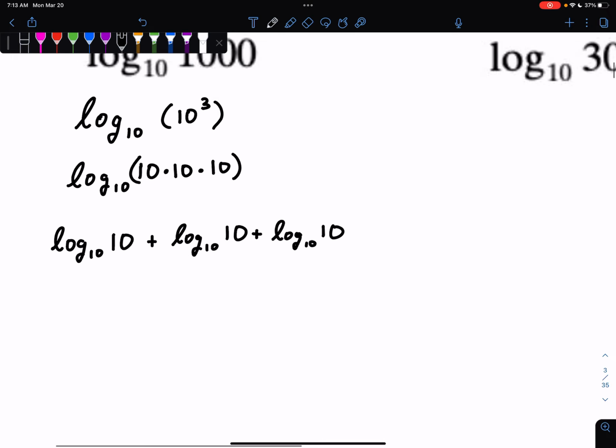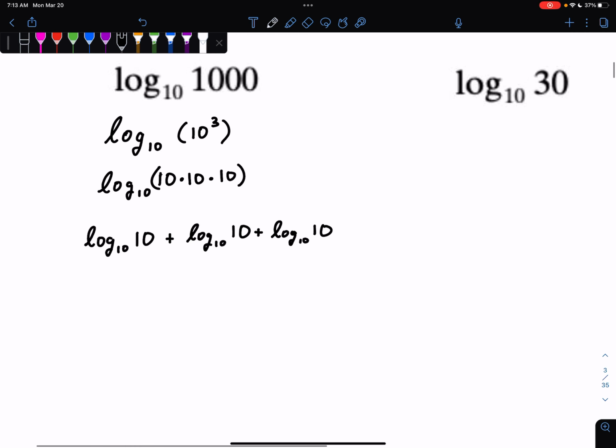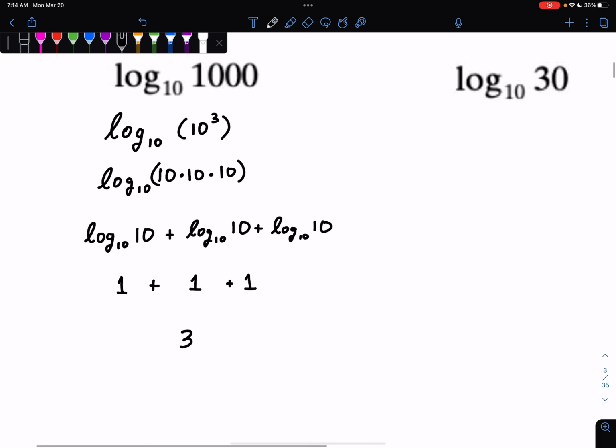And do you remember the last class we talked about some initial rules for logarithms, and we said that if the base number is the same as the number you're taking the logarithm of, so like this 10 and 10, they essentially become a 1. So we would just need to have all these ones together, and this answer is going to be 3, which actually works out pretty nice.